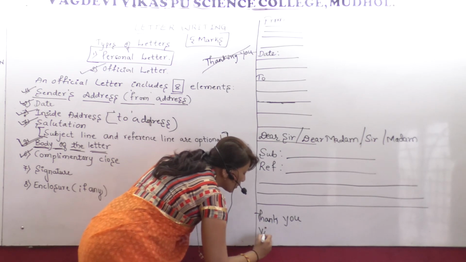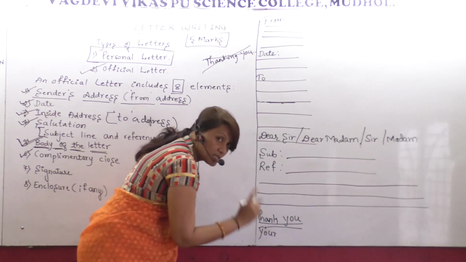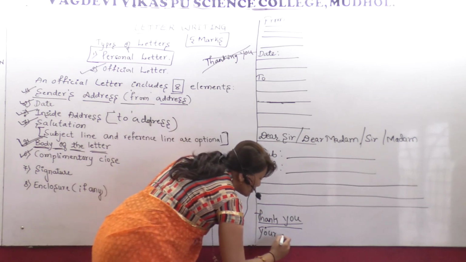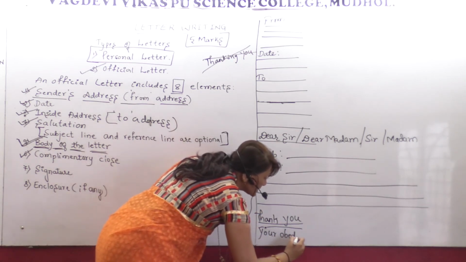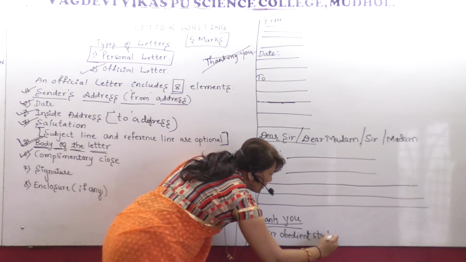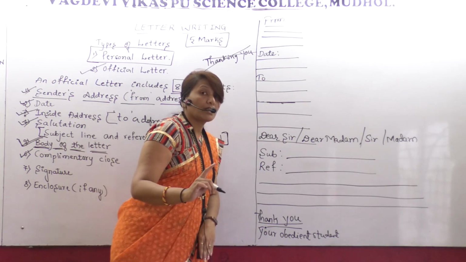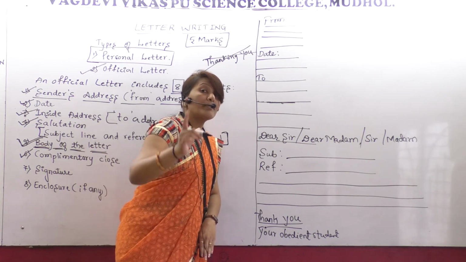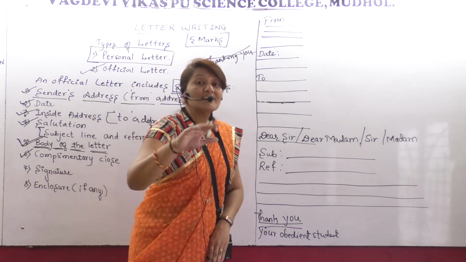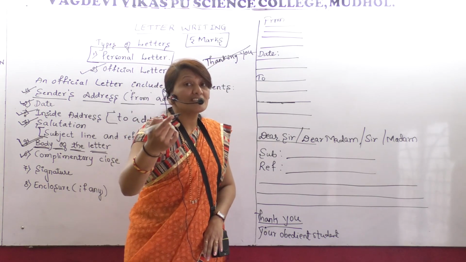You must leave again 1 or 2 lines here, then write your obedient student, or else yours faithfully, yours obediently, yours sincerely, yours trustworthy.